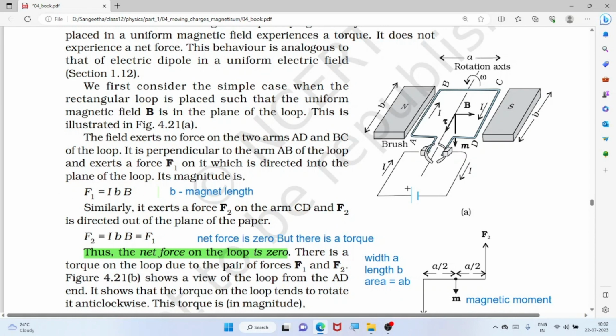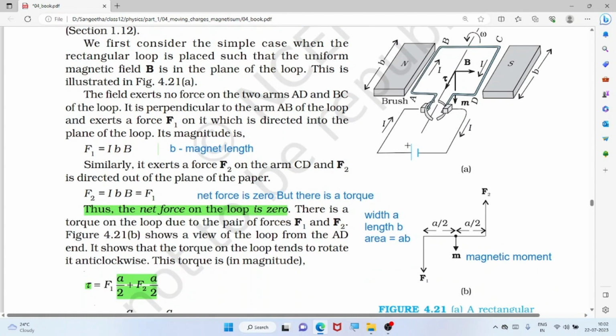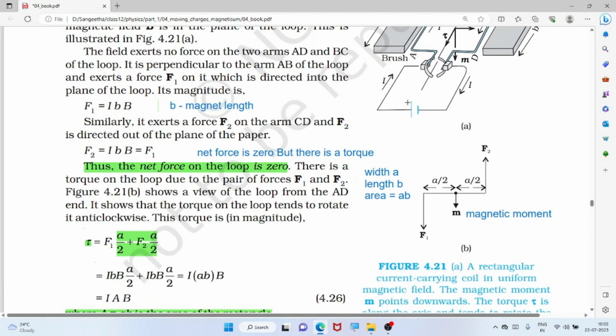B is the magnetic field, this is the length here, and A is the width, like a rectangular loop. Here the net force cancels, but there is a torque.